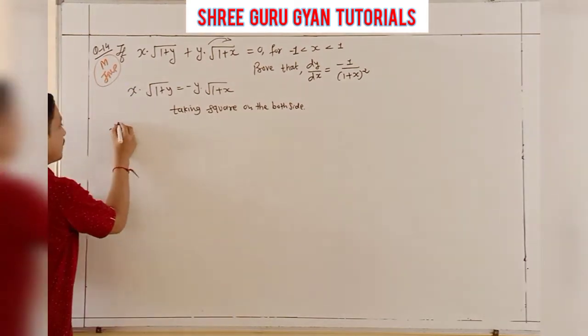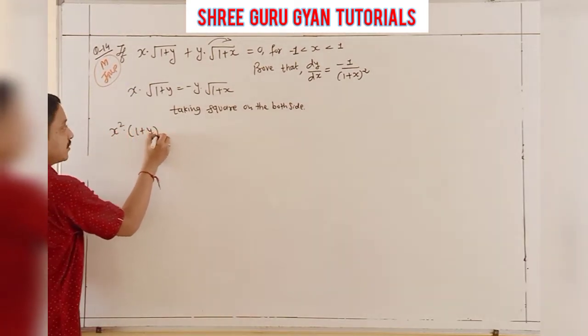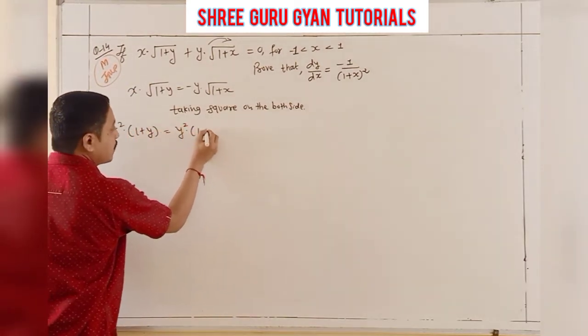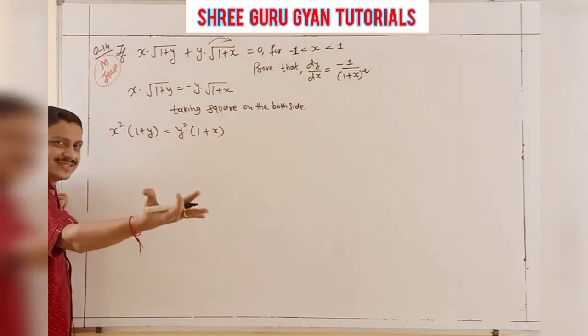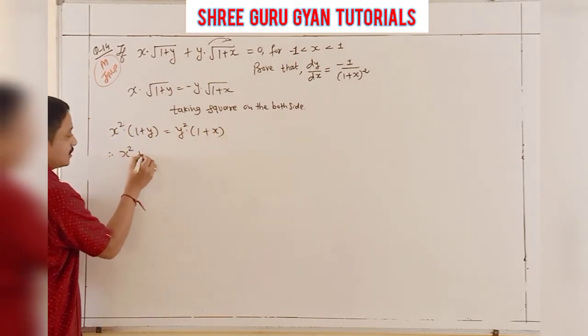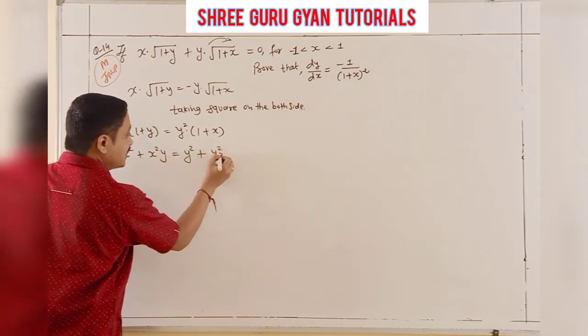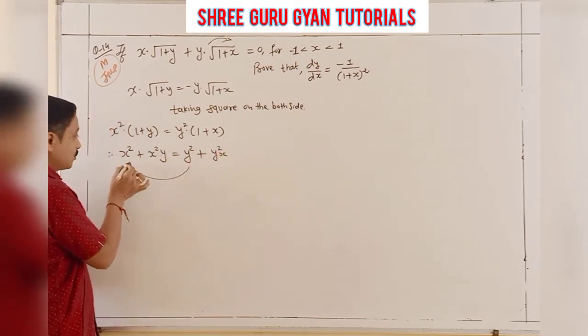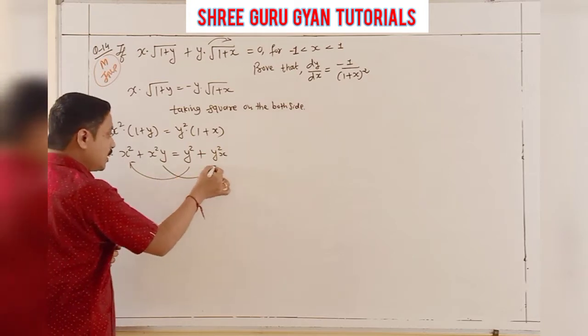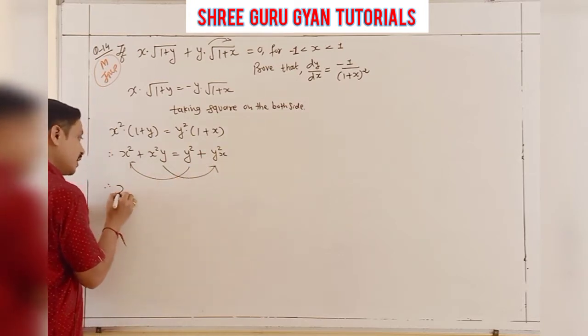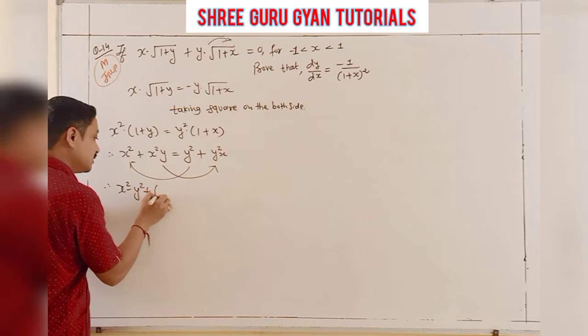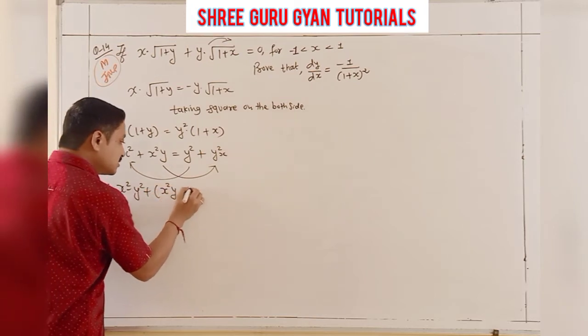So here x square into 1 plus y, square into 1 plus x. It's very easy. x square plus x square y plus y square plus y square x. These two are to be combined and these two are to be combined. So x square minus y square plus x square y minus y square x.